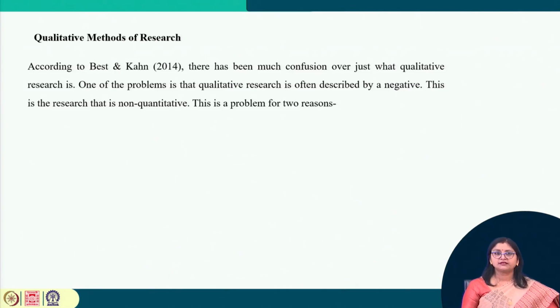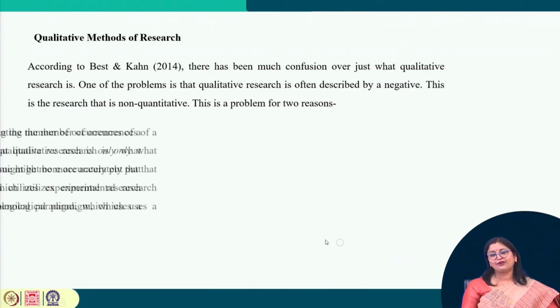According to Best and Kahn in 2014, there has been much confusion over just what qualitative research is. One of the problems is that qualitative research is often described by a negative: this is research that is non-quantitative. This is a problem for two reasons.